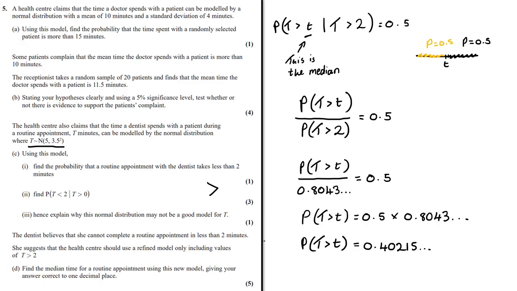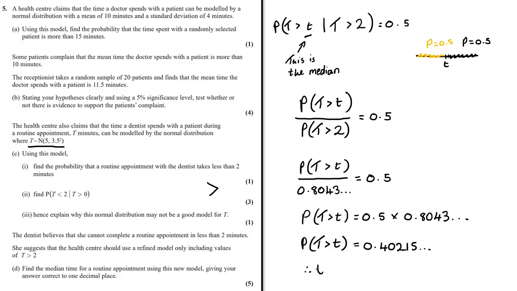The area, that's the probability, so you put 0.40215 and so on. For sigma, that's your standard deviation, 3.5, and mu, your mean, which is 5. Then if you press enter, you get x inverse, which is giving you the value for little t.